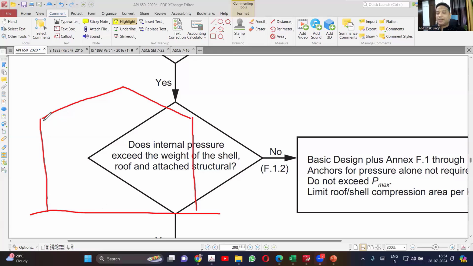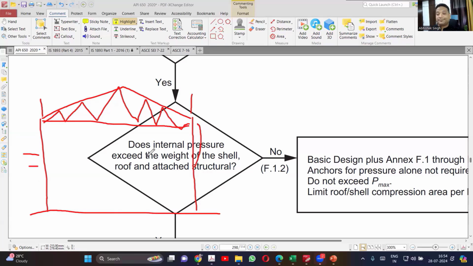If there is some structural arrangement supporting the roof, that will be part of the roof or part of the shell, so that also will be included. If there are stairs, railings, nozzles, everything will be included.